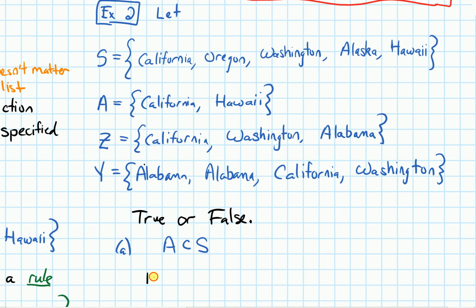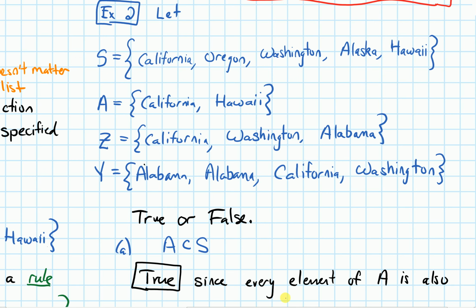Well, this is true, since every element of A is also an element of S. That's what it takes for one set to be a subset of the other. Both California and Hawaii, which are the elements of A, are also elements of S. California is in S, and Hawaii is also in S.